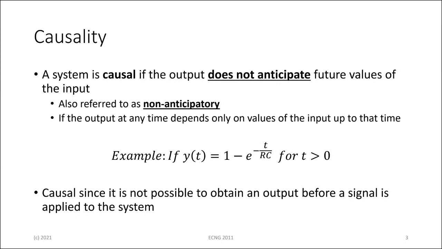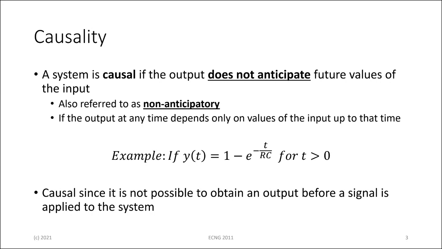All right? A system is causal if the output does not anticipate future values of the input. So the system is not trying to predict things; in other words, it depends only on the values of the input up until that time.